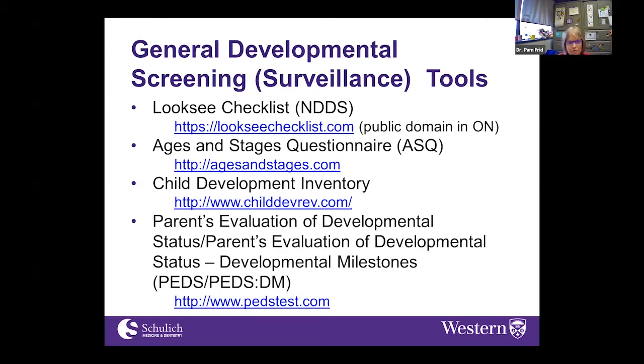For those of you who aren't familiar with it, the LookSee Checklist is broken down by ages. So there is a corresponding checklist for almost every well baby visit in the province of Ontario. And the really wonderful thing about this tool is that it has been well standardized. It's very reliable. And several years ago, the government paid for this to become public domain in the province of Ontario.